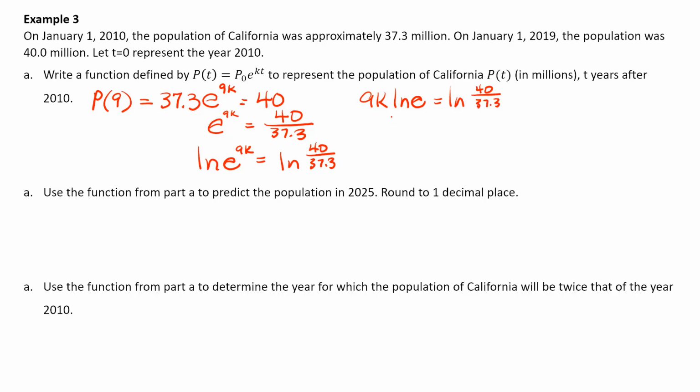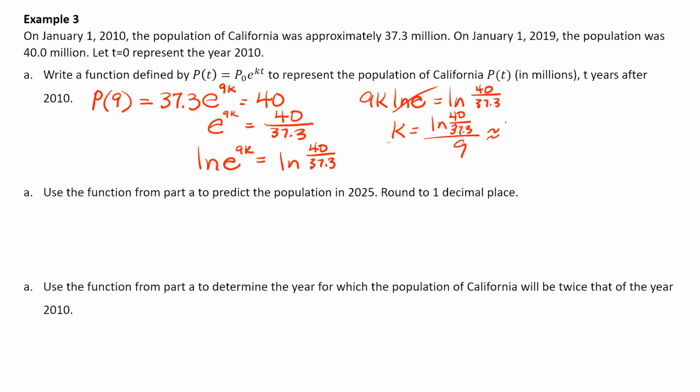Natural log of e is 1, because what you put on e to get e, that power is 1. So 9k times 1 is just 9k. We'll divide both sides by 9, and we'll have k equals natural log of 40 over 37.3, all over 9.